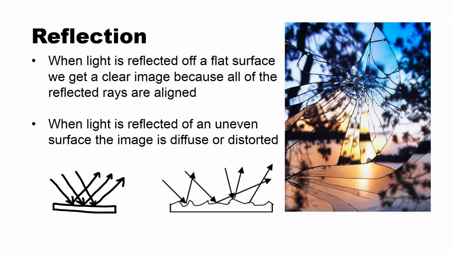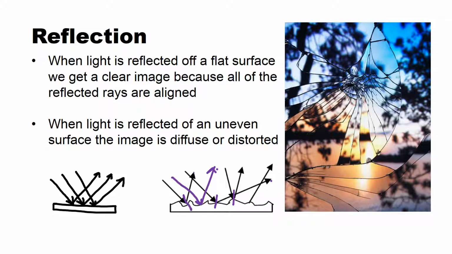However, when light is reflected off an uneven surface, the image is diffuse or distorted. So you can imagine here that the 90-degree normal is over there for one, over there for another, and because all of them have slightly different angles, the rays initially usually come in parallel, but then they'd end up getting reflected, one up there, one over there, one over there, all over the place.